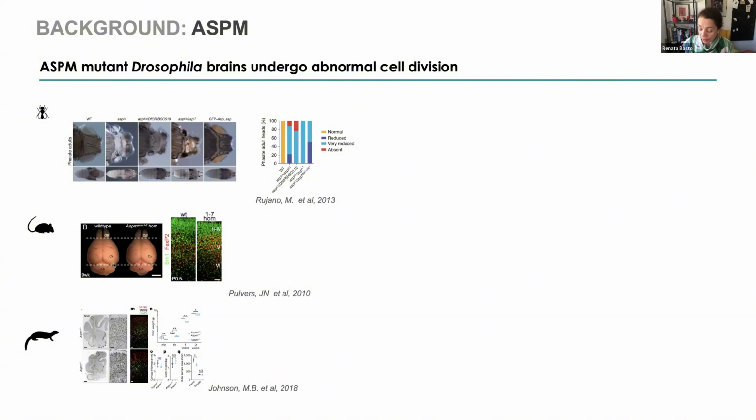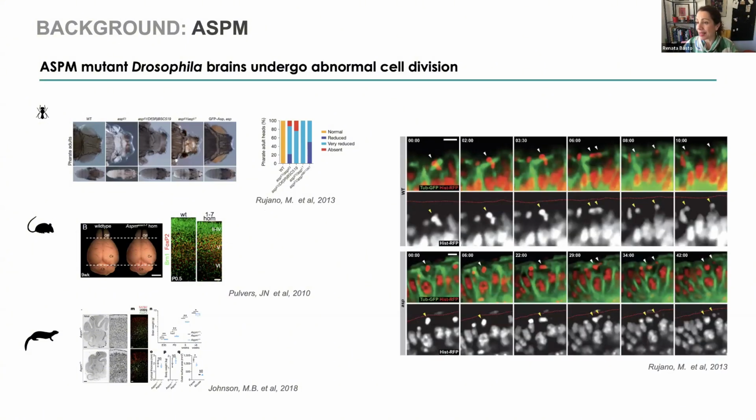Now, our work in flies has shown that ASP mutations result in chromosome segregation defects, as you can see over here, and micronuclei, and we put forward the possibility that maybe defects in chromosome segregation will be at the basis of microcephaly.